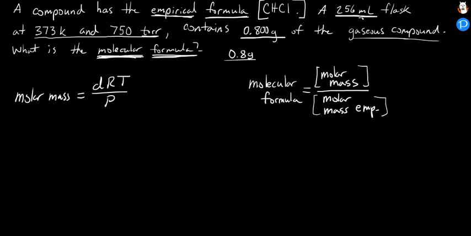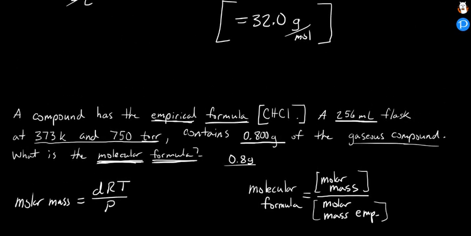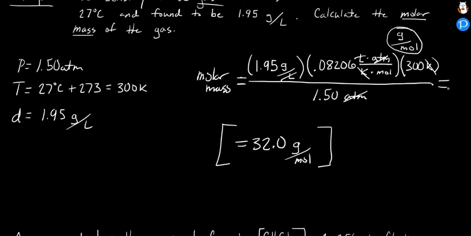Now, what I'm going to do, though, is convert this right away into liters. It's in milliliters, but I'm going to convert it to liters. And the reason why I'm going to do that, let's go back up here. Remember with our units up here, with this universal gas constant, this has units of liters. We want to have things in liters, atmospheres, and Kelvin when we're using this.